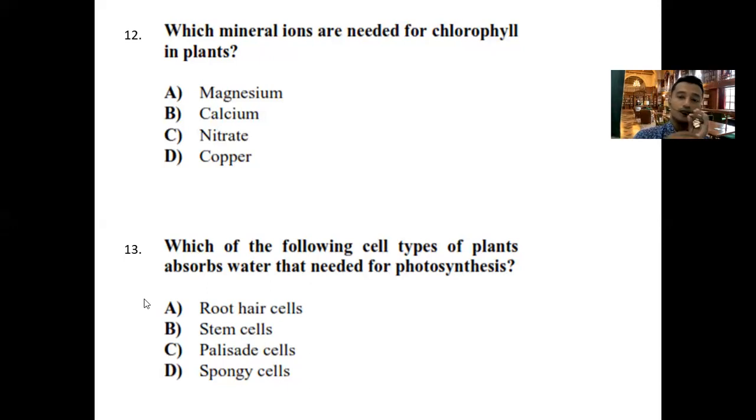So that's why the plants can get water from the soil. They absorb the water inside the cell, and then bring it into the vessel, and then the vessel brings it to the leaf for photosynthesis. Okay, the best answer in here is A.